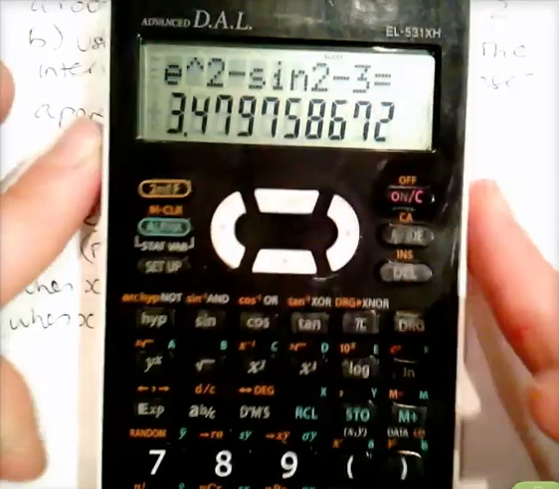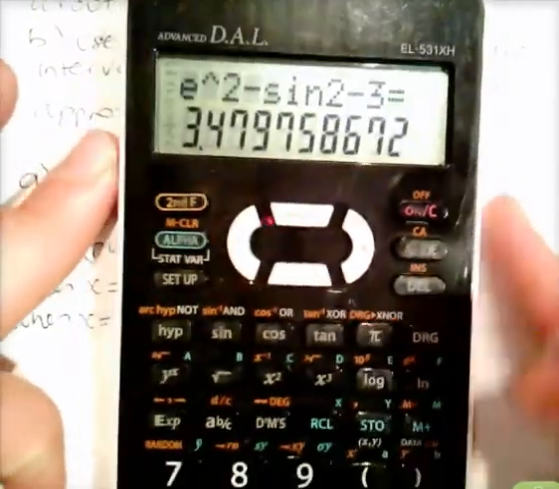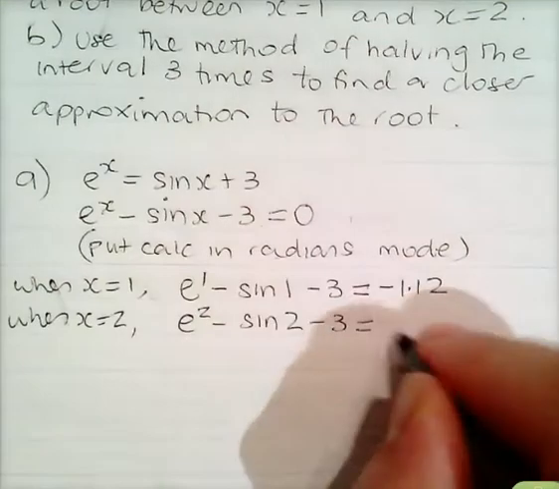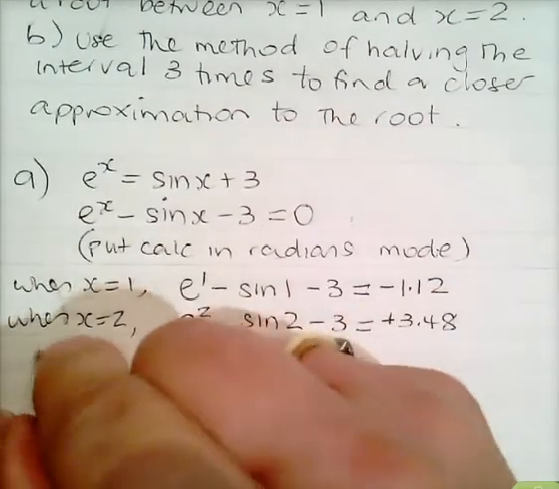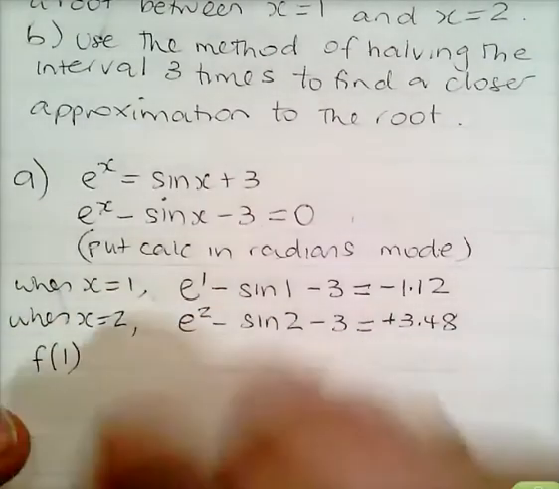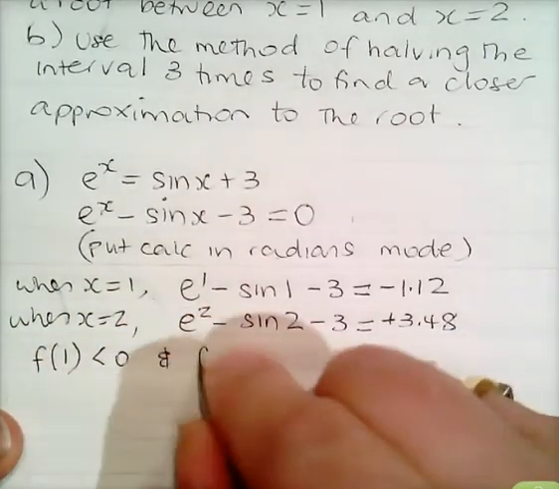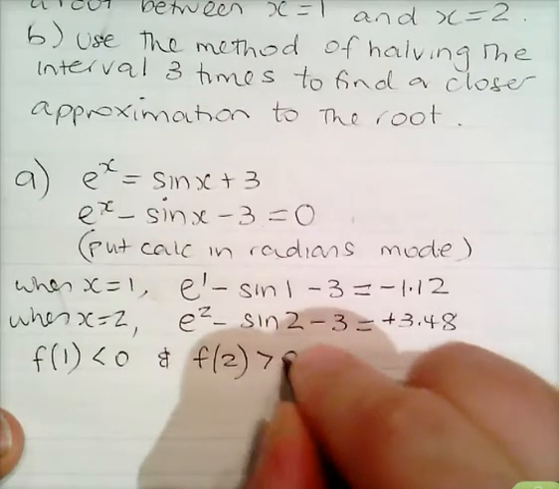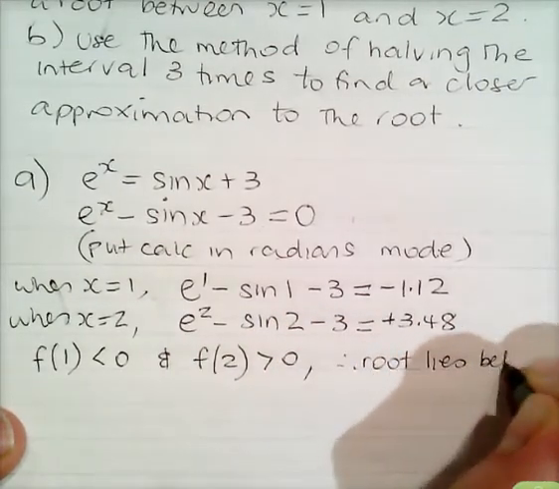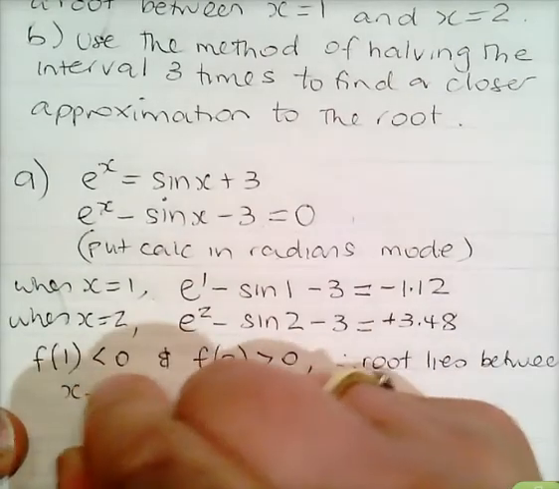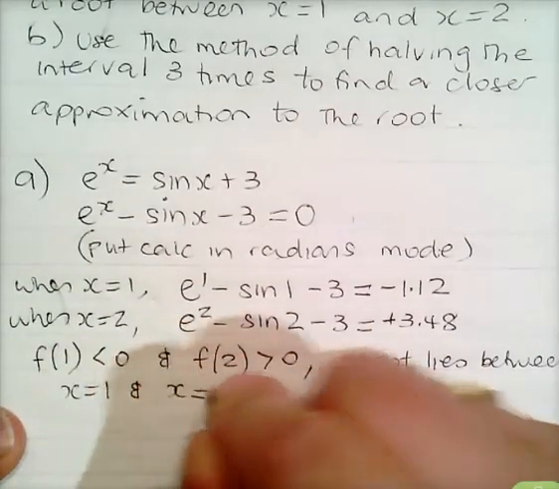And we get approximately positive 3.48. So because the function of 1 is less than 0 and the function of 2 is greater than 0, therefore a root lies between x is 1 and x is 2.